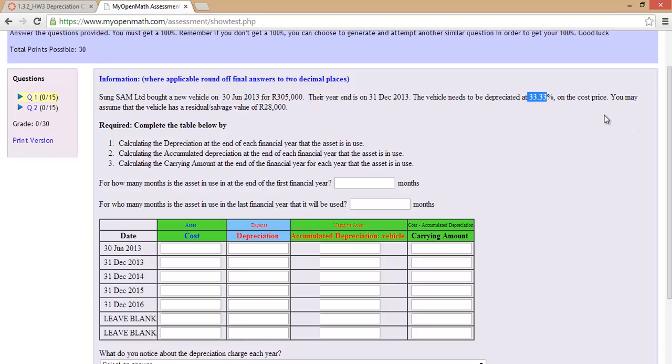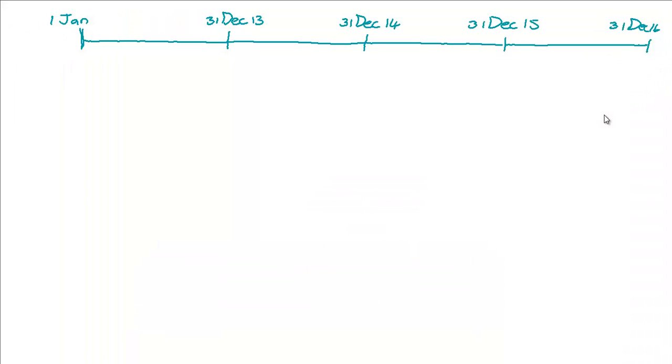So 33.33% per year is going to give me how many years? So how many years can I depreciate at 33% before I will get to 100% of the asset's value? So let's see. Year 1, if I depreciate 33.33%, my total depreciation will be 33.33%.